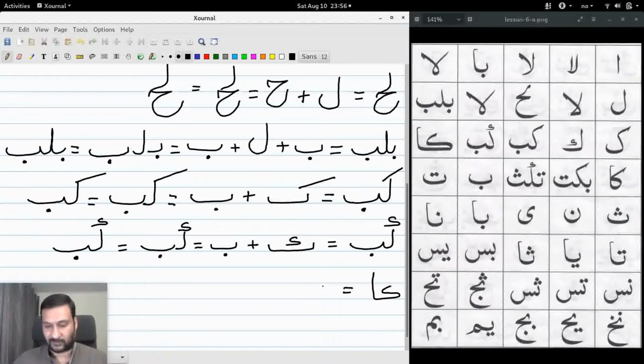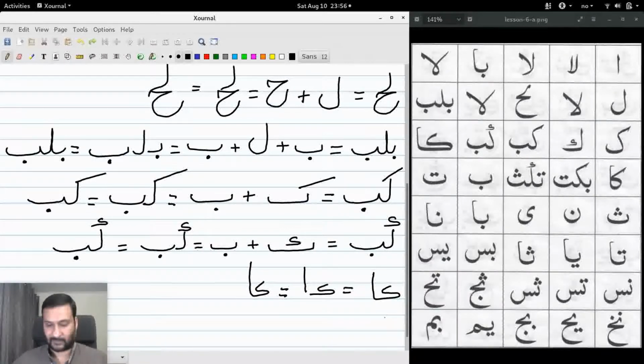Of course, it's made up of this way of kaf and alif, which becomes kaf alif. And if you notice, this construct is almost similar to this construct, kaf alif again.